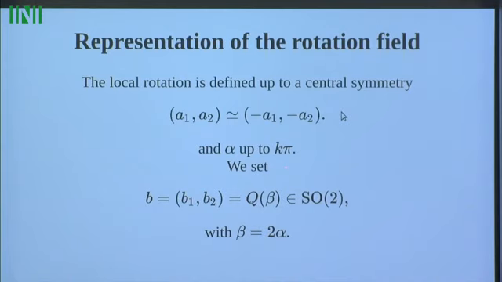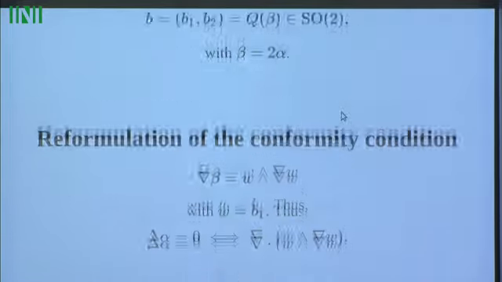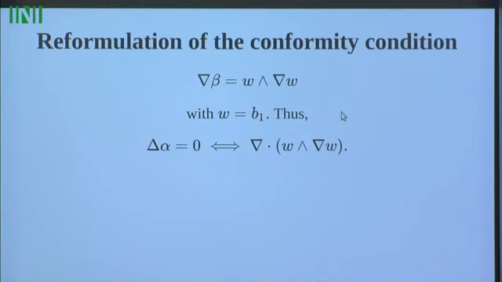And then we can express everything in terms of b instead of alpha, and in particular the conformity condition, which was that the Laplacian of alpha should be equal to 0, translates as, sorry, I forgot a lot of zeros here, as the divergence of the wedge product between w, which is the first component of b, wedge the gradient of w, is equal to 0.